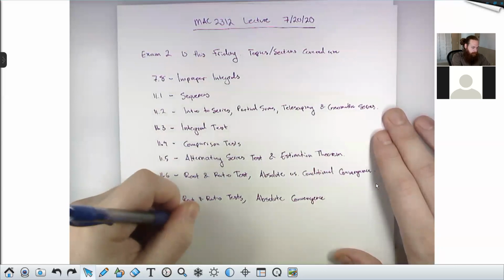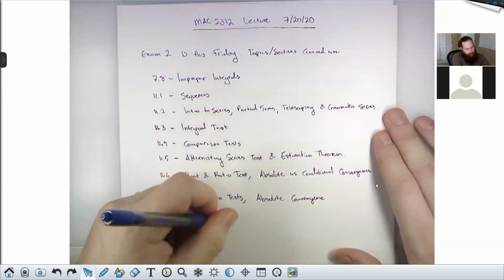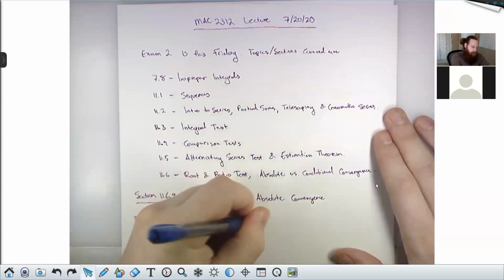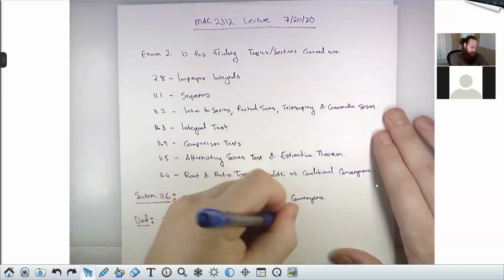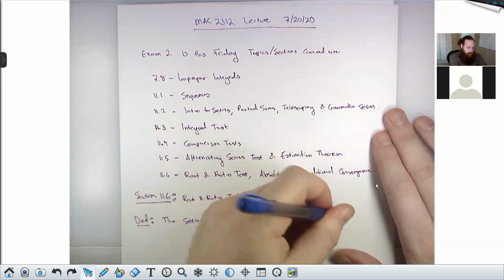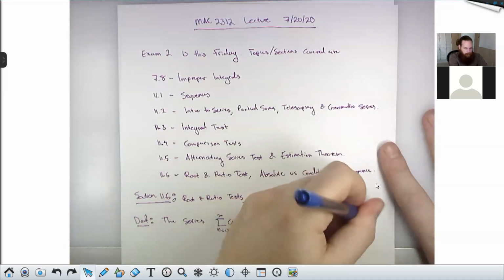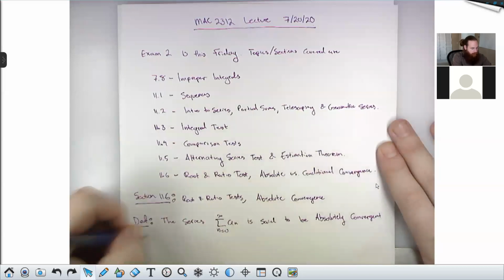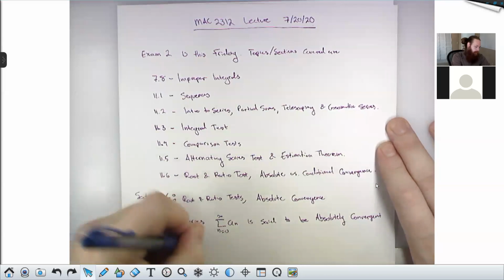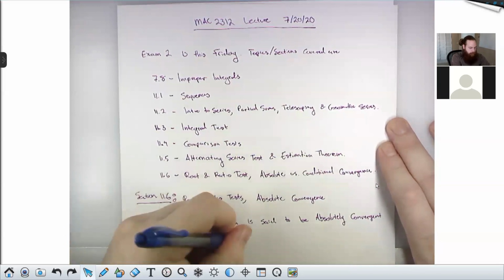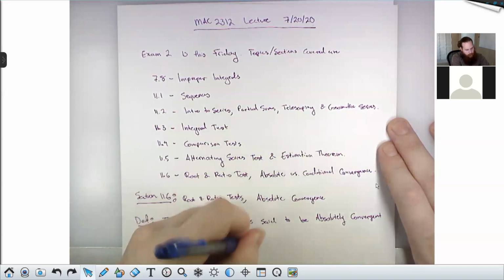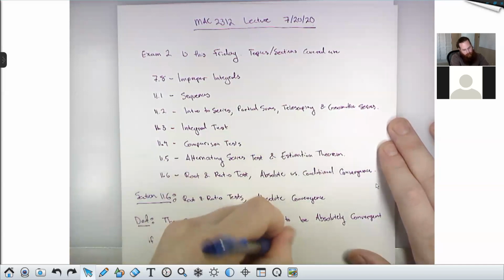The series sigma an, sum from wherever, I'll say from 0 to infinity, is said to be absolutely convergent if the new series, sigma from wherever to infinity of the absolute value of an, converges.